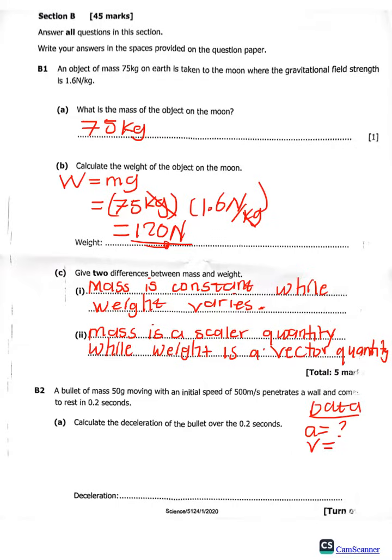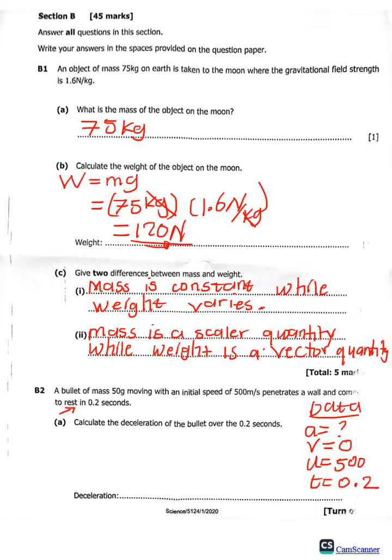The final velocity will be taken from the information that it came to rest or stopped, so the final velocity is always 0. Then our initial velocity we have been given is 500 meters per second. Then time is also given, 0.2.